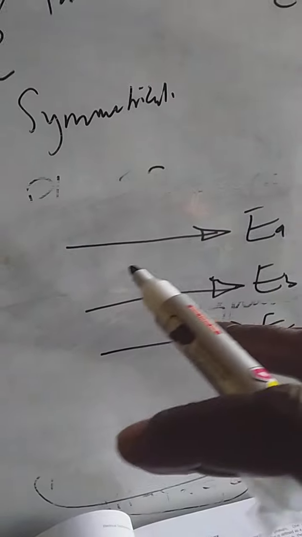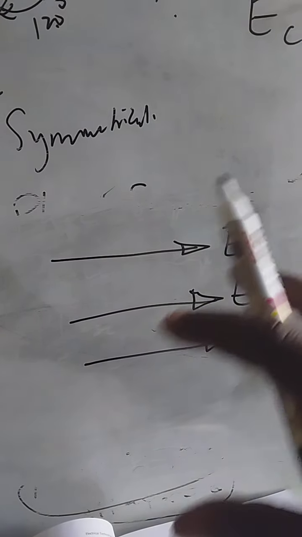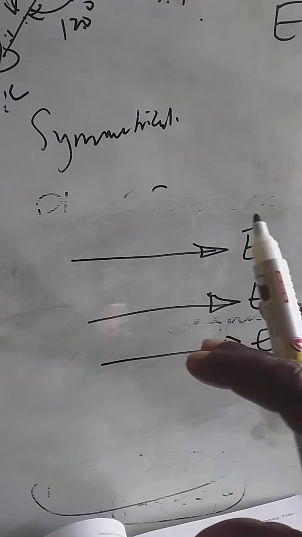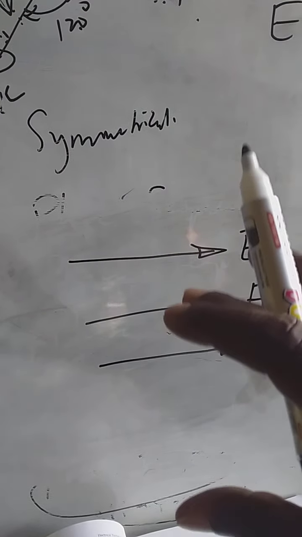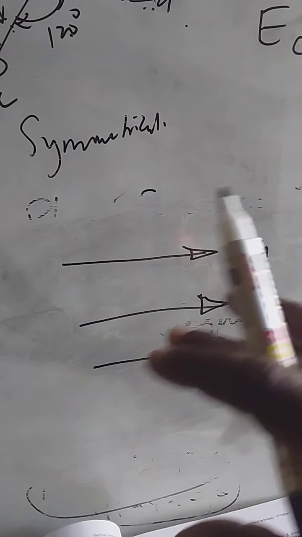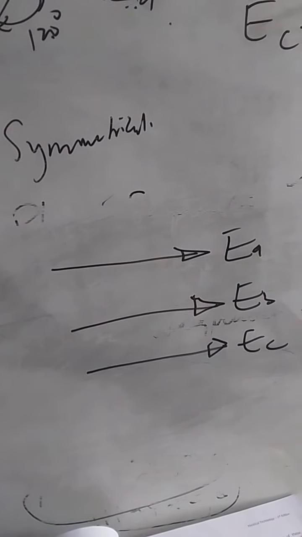The system are equal in length, and the angle of displacement is the same. That is, if it is 40 degrees, they will all be 40 degrees. That means the displacement between them is 0 degrees.